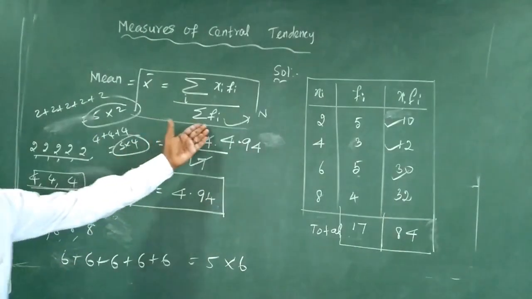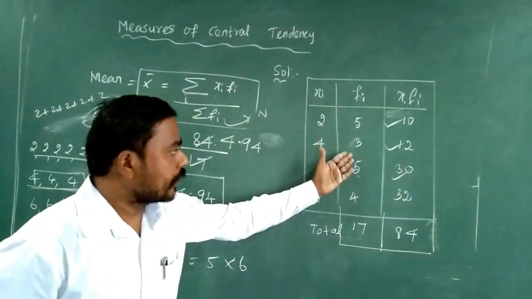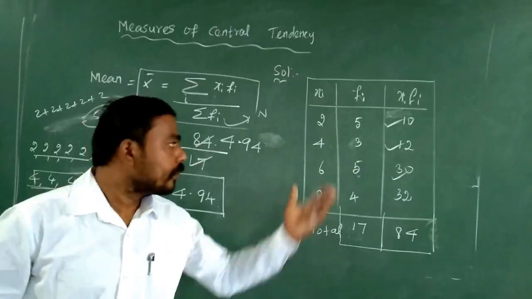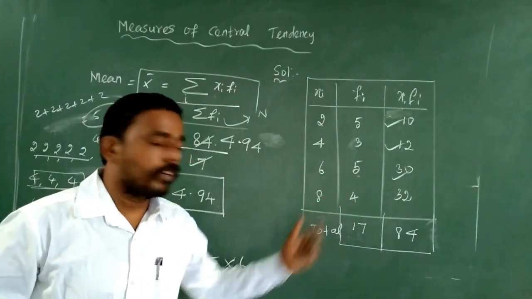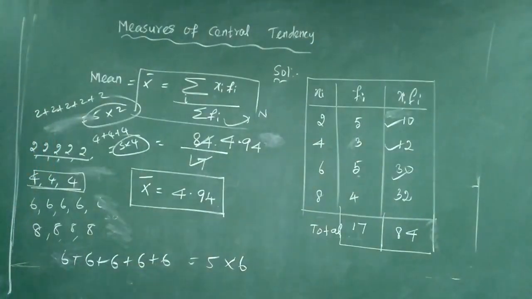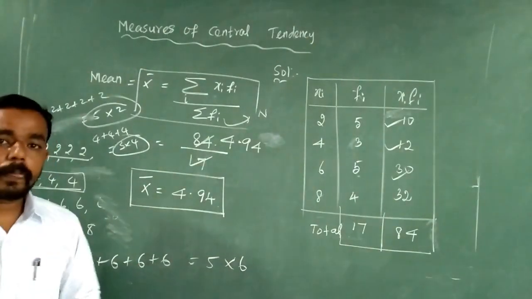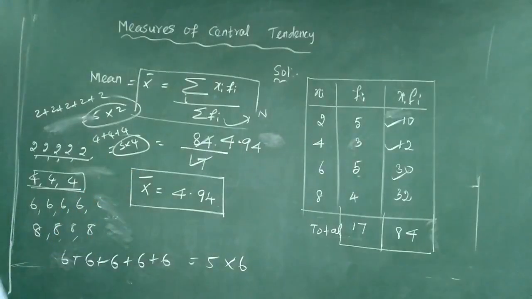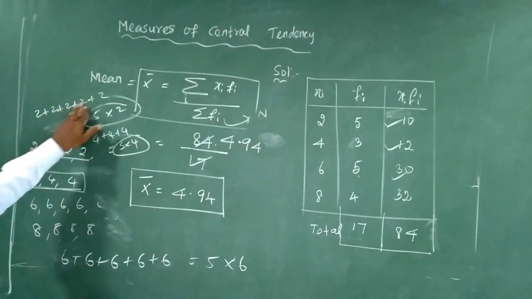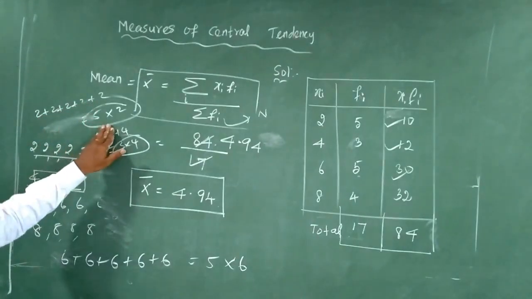Number of observations is the sum of fi, that is 5 times, 3 times, 5 times, 4 times. That is, 5 numbers occur, 3 numbers, 5 numbers, 4 numbers. That's why sum of fi. So sum of observations divided by number of observations only. In the mathematical calculation, you write only one thing, the sum of observations. 5 2s are there, that is 5 into 2.